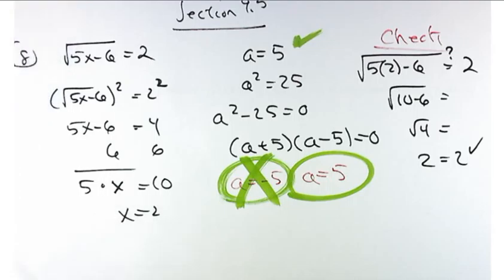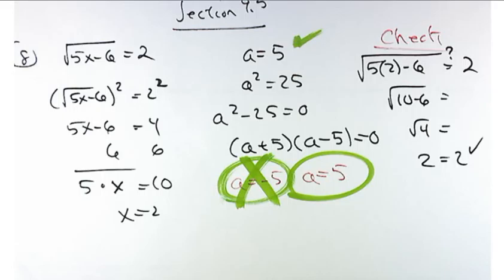So it checks. But you have to make sure when you do these problems that it does check, that it works in the original problem. There will probably be 2 points on your test for showing me that you checked your work, regardless of anything else. You want to show me that you checked your work on those.